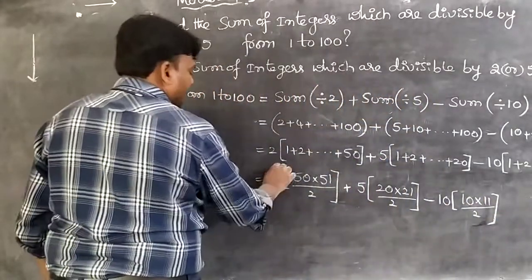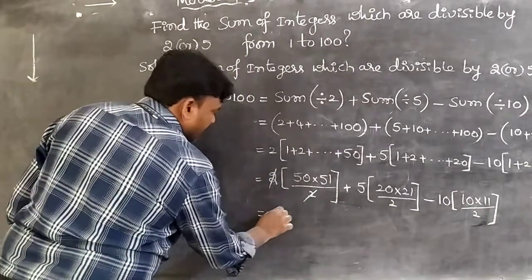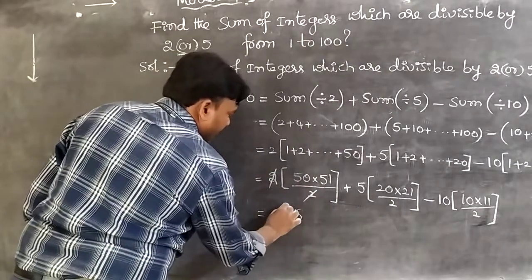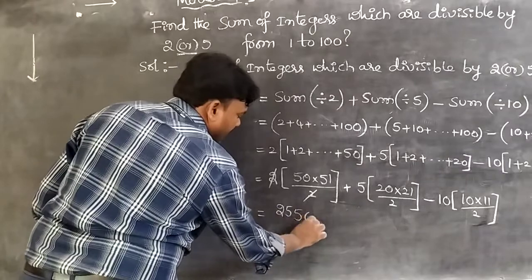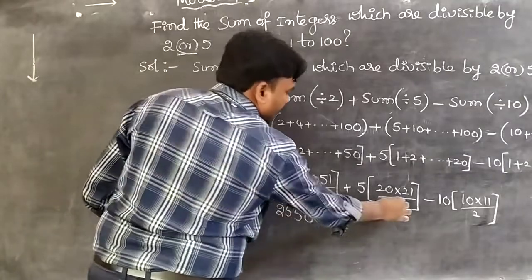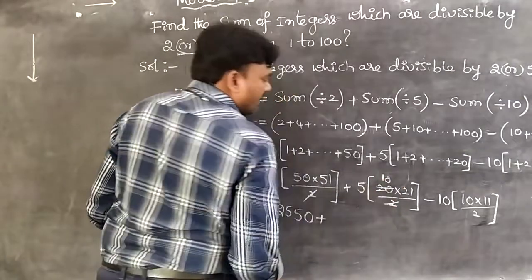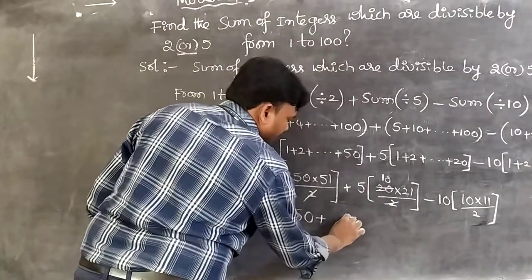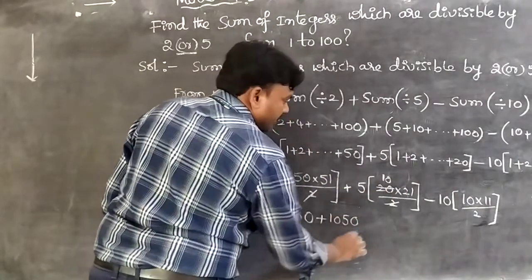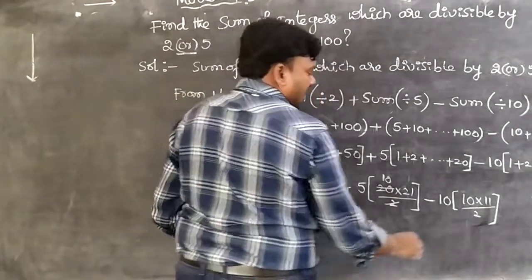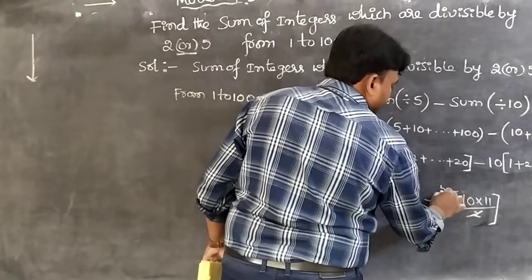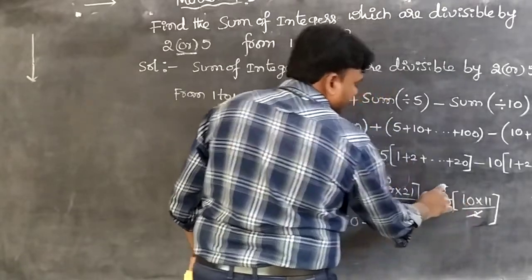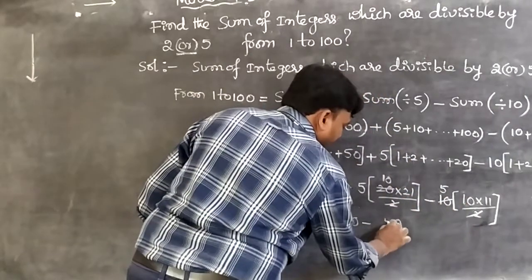Okay, the 2 gets cancelled in this value: 5 ones are 5, 5 fives are 25, so 2550, plus 21 tens are 210, multiplied by 5 gives 1050, minus 11 tens are 110, 110 into 5 is 550.